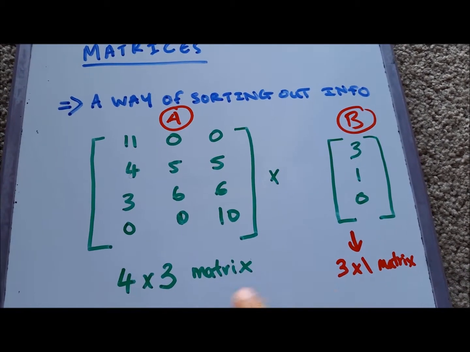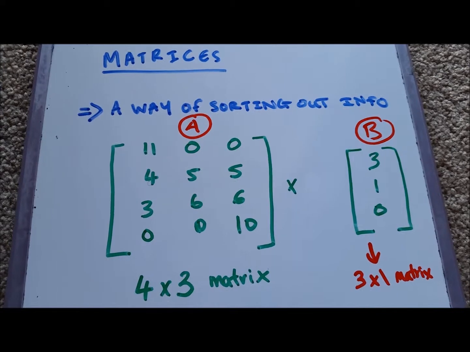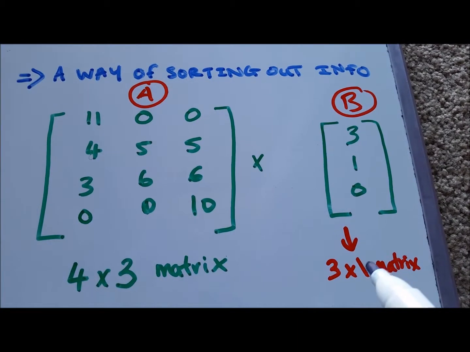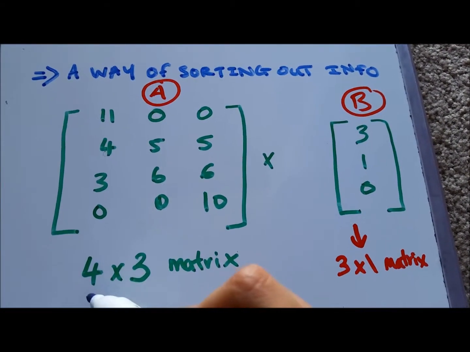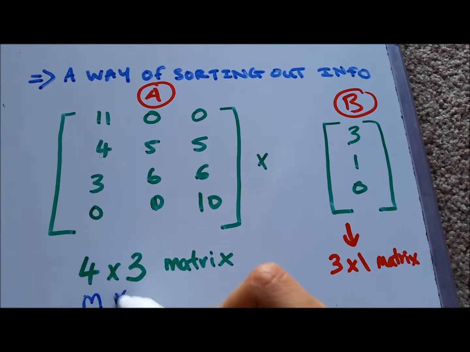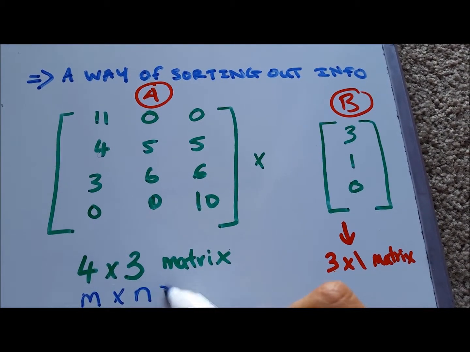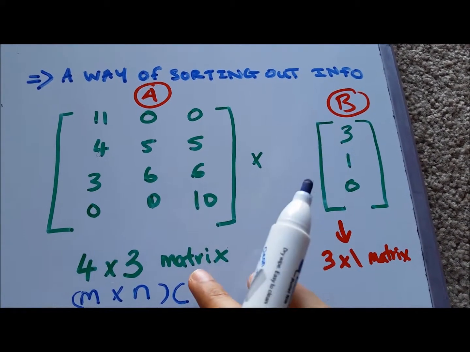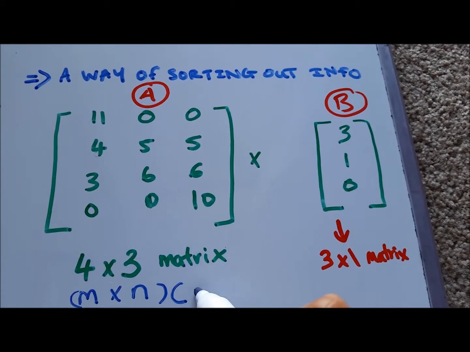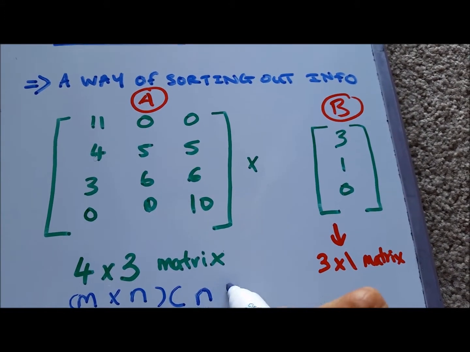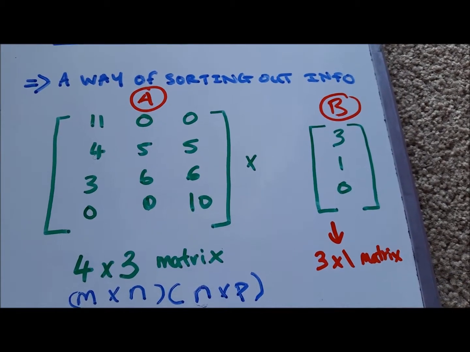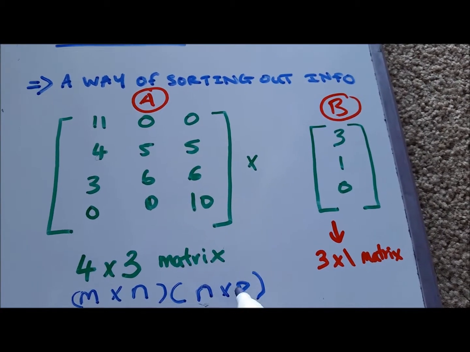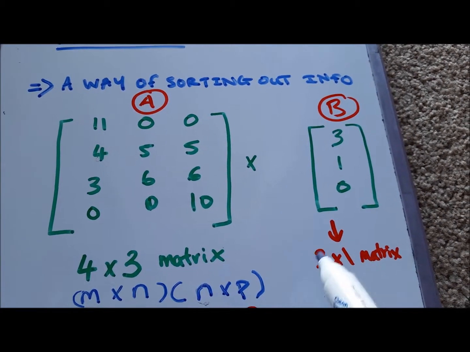Now the general rule for when you do this is: when you want to multiply 2 matrices with each other, let's say the first is M times N, and we want to multiply that by N times P. The M times N would be 4 times 3, and the N times P would be 3 times 1.